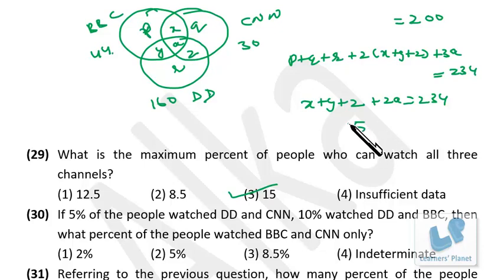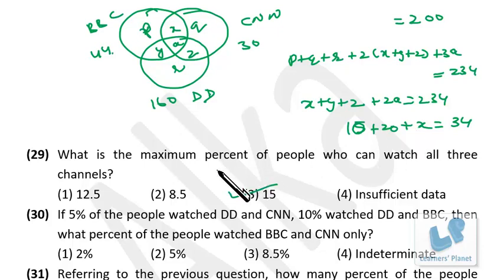Okay, so it's 10 and this is 20. Now I am left with just X, and that is actually 34. So X is 4 and X is what? BBC and CNN only, right? So X is 4, so percentage wise it is 2.